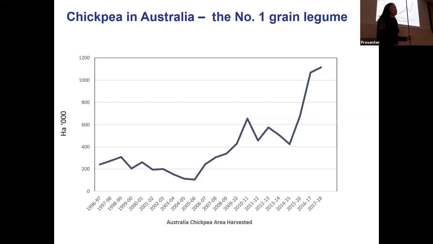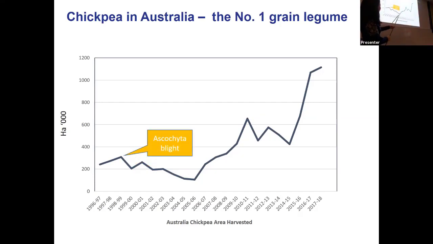But because of the outbreak of a devastating fungal disease called Ascochyta blight, the industry was set back quite a lot. But at that time, Australian chickpea breeders worked very hard to breed some Ascochyta blight resistant chickpea cultivars. So starting from 2005, the industry came back steadily.